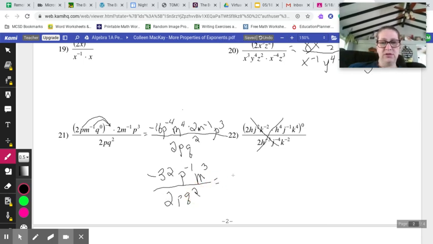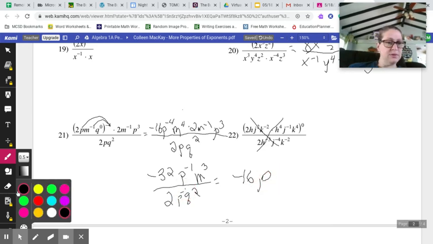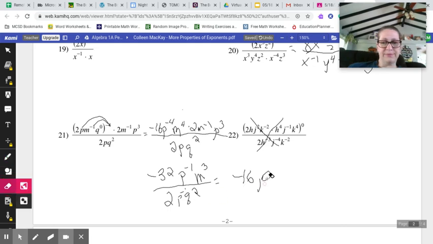Negative 32 divided by 2 is negative 16. Negative 1 minus 1 is p to the negative 2. Oops, let's try that again. I still have my m to the 3rd.